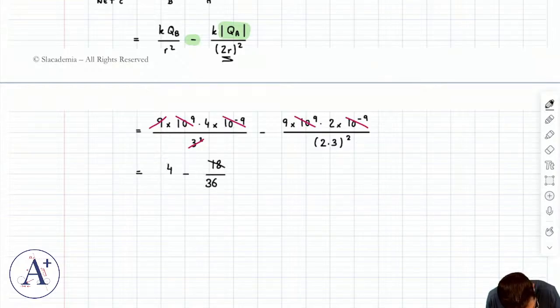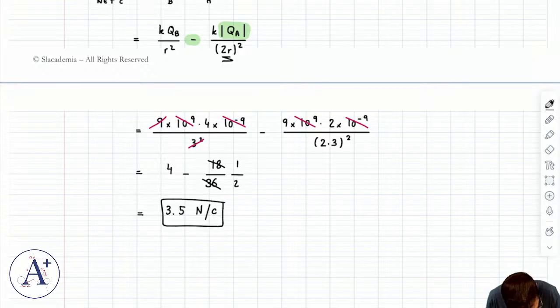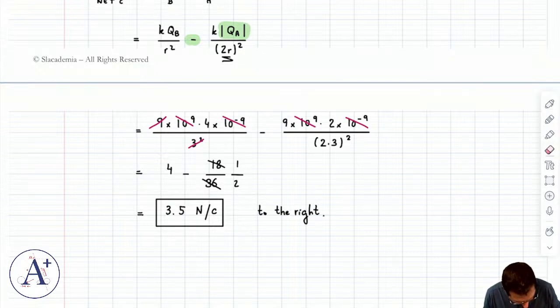So this is just really 1/2. So 3.5 newton per coulomb is the strength of the electric field at point C, and the fact that it's positive tells me that it's directed to the right.